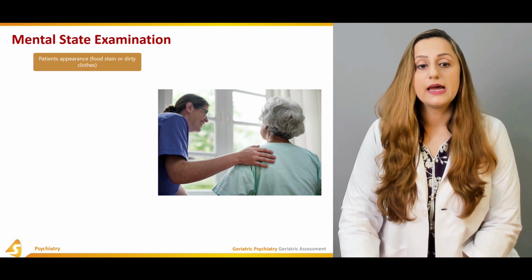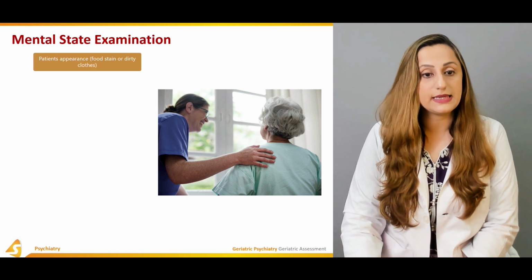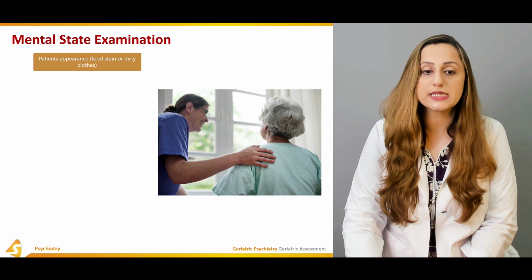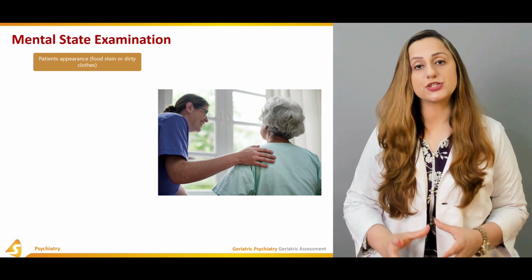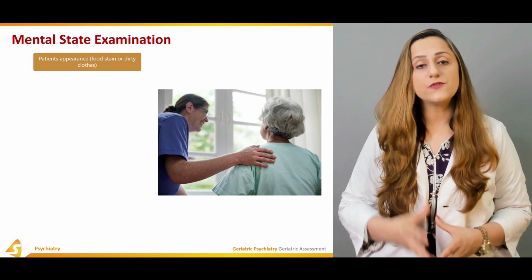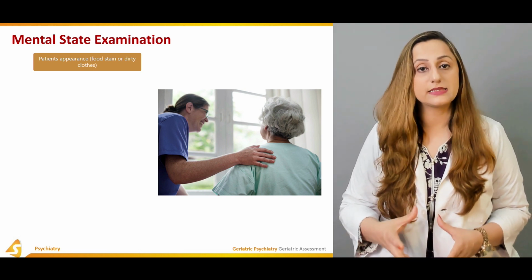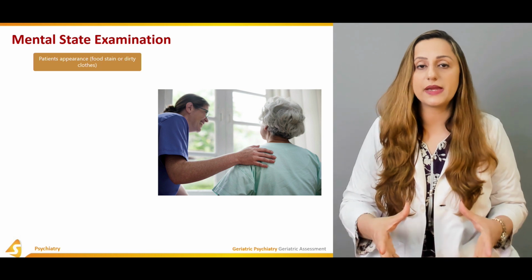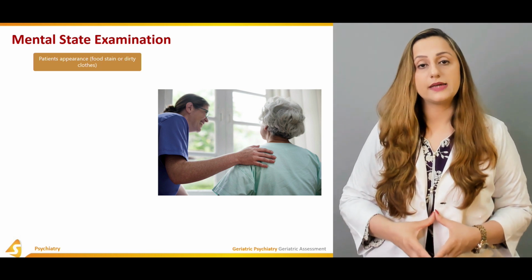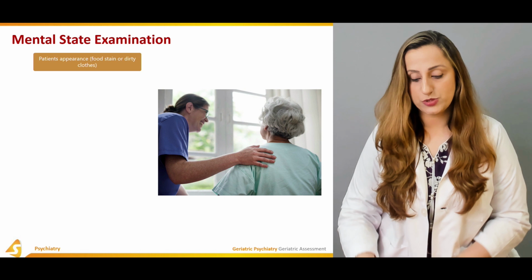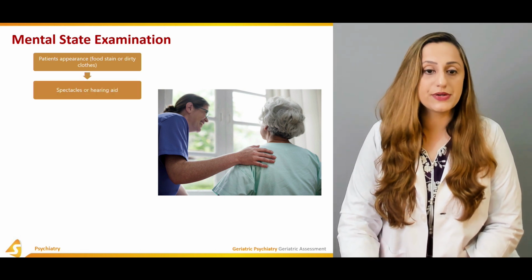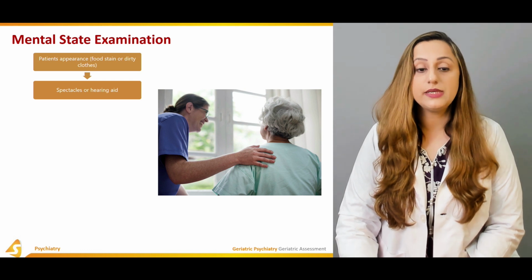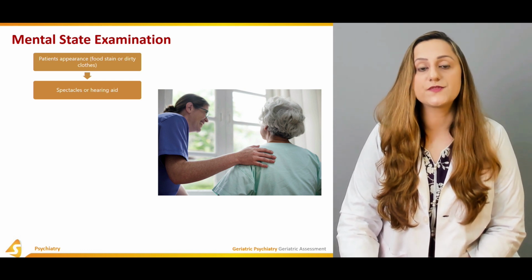It's abbreviated as MSE, and it covers the patient's appearance: food stains or dirty clothes, which point towards the factor of neglect. If a person is neglected in this age group, he's going to have the physical appearance of emaciation that is quite commonly seen in these individuals. Then we have spectacles or hearing aids, which point towards causative factors for depression.